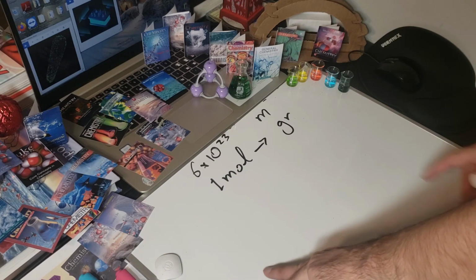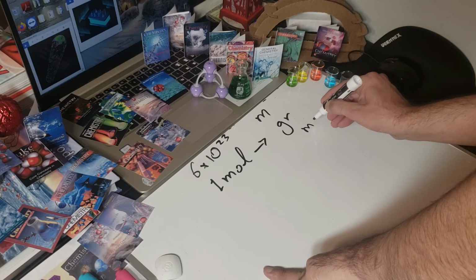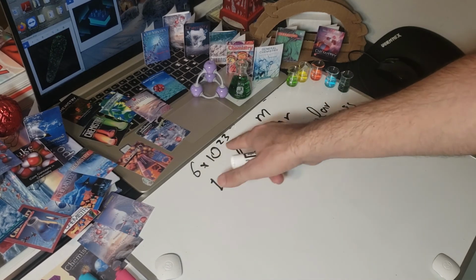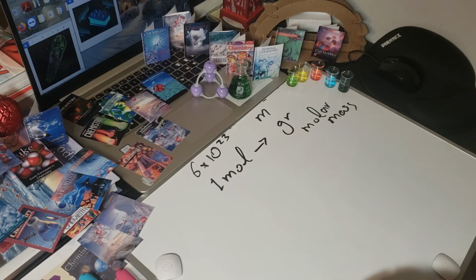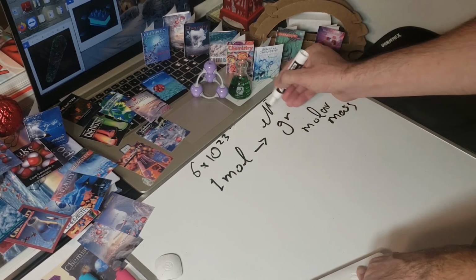This mass we call the molar mass, and because it's a definite mass of this many particles that we call 1 mole, we're going to write it as M.